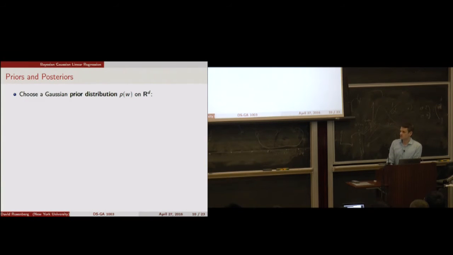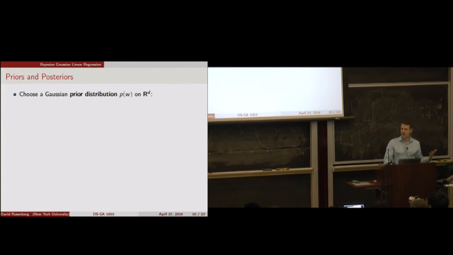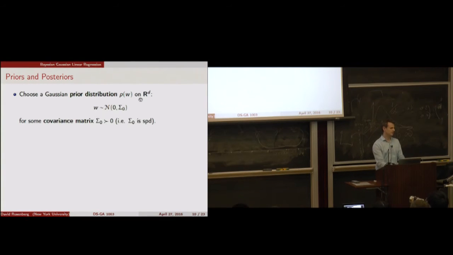All right, so now we get into the Bayesian approach. So far, with this Gaussian likelihood, all this stuff, we've talked about maximum likelihood. This is not Bayesian yet. Now we make it Bayesian by introducing a prior on W. So W now goes from being a parameter to being a random variable in our setting. Let's keep it simple, and let's have a Gaussian prior on W, say mean 0 and covariance matrix sigma 0.